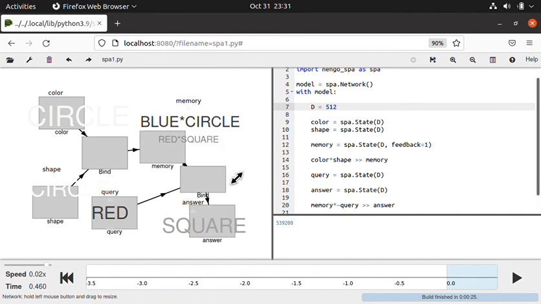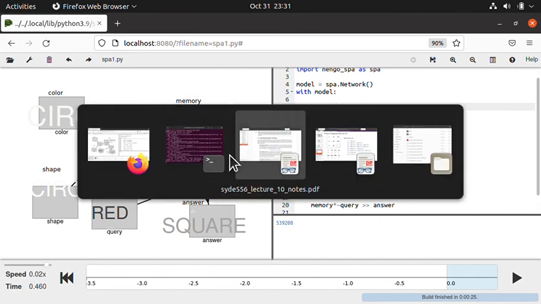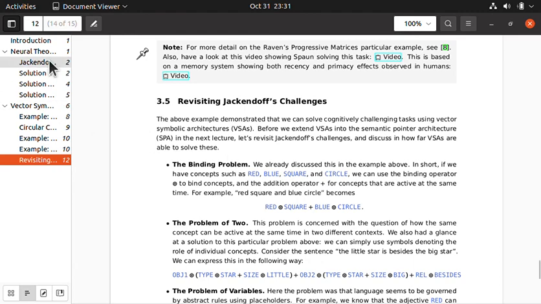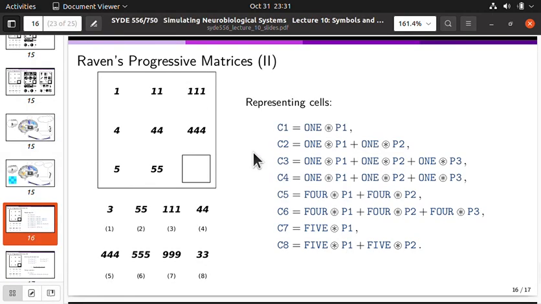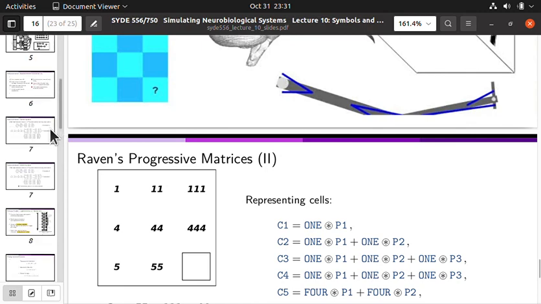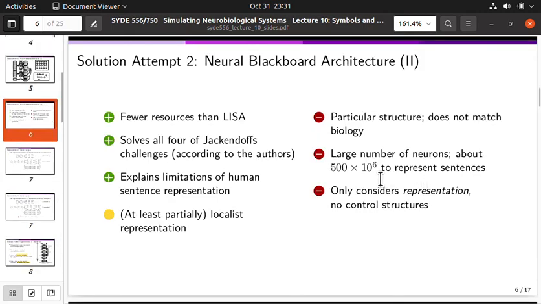All right. As opposed to, if we go back to some of these other examples in the notes, as opposed to these sorts of things that even just to represent the sentence was starting to look around 500 million neurons.